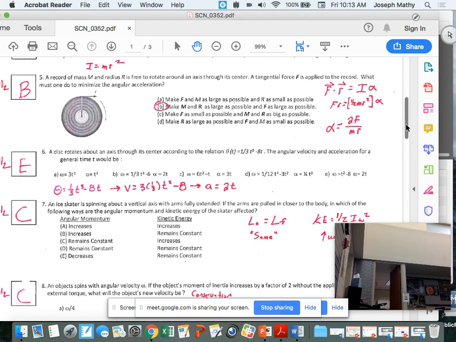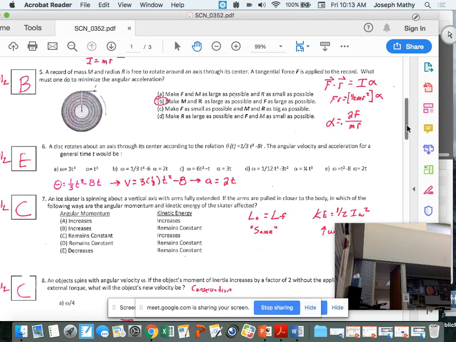Lots of people miss number 5 because number 5 seems difficult. For number 5, here's what I did. I said torque equals I alpha, and torque can be FR. The I of a solid disk is half mr squared, so I sub that in, and then I cross multiply, and then I isolate.